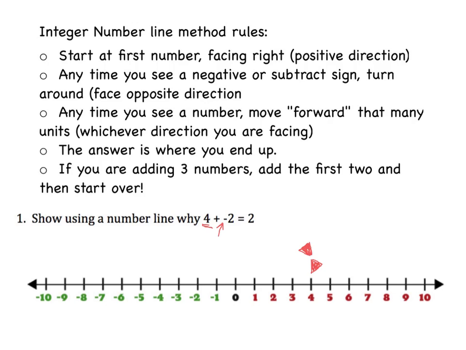So after that negative sign, I see a 2 here. So I am going to move forward, and since I'm facing the negative direction, that's 2 spaces forward in the negative direction. Wherever I end up is going to be my final answer. Notice that 2 is the same as the answer that I got in my original number sentence.